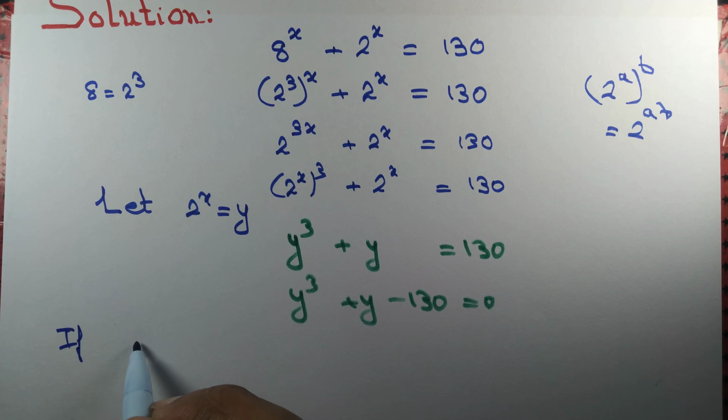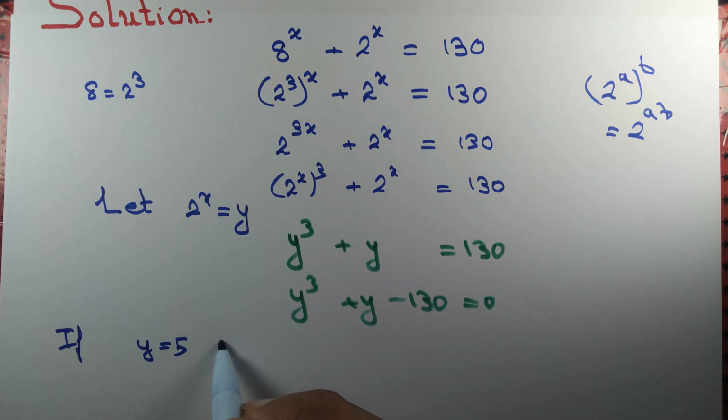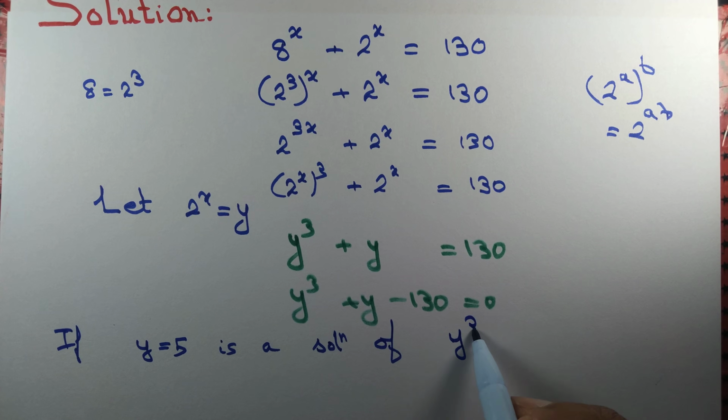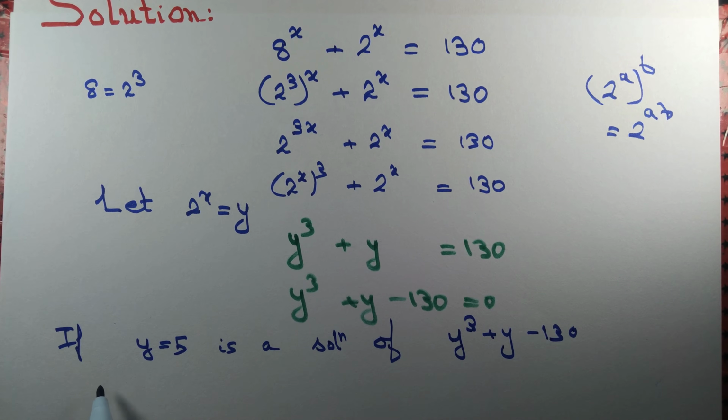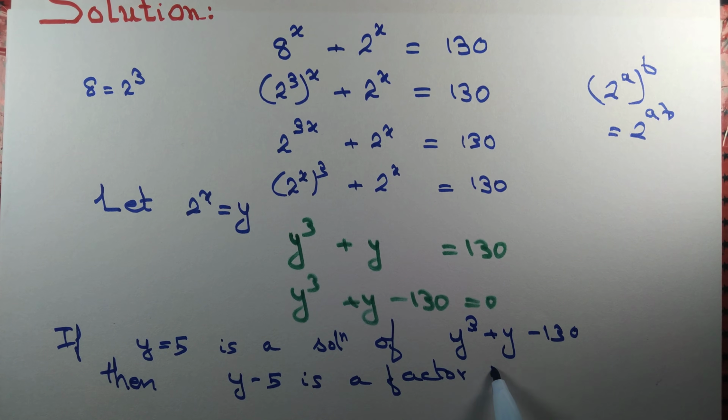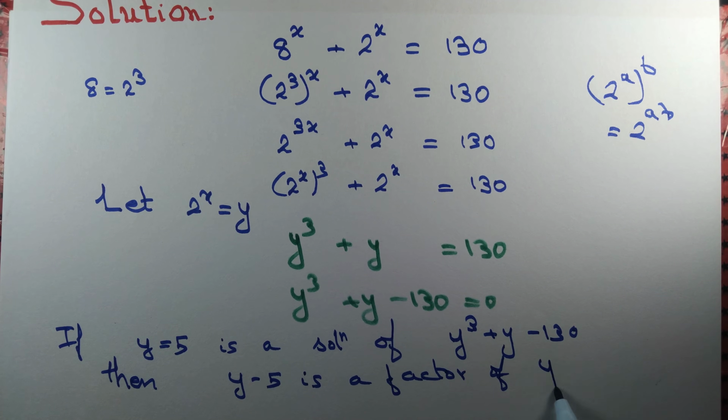If y equal to 5 is a solution of the polynomial y cube plus y minus 130, then we know that y minus 5 is a factor of the same polynomial.